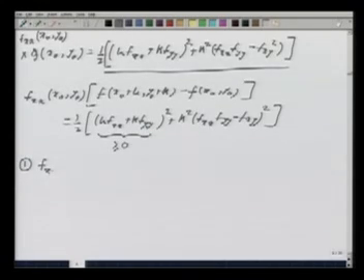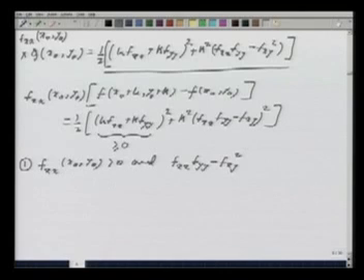Suppose fxx at x naught y naught is bigger than 0 and fxx fyy minus fxy square, sorry I don't have square here, and suppose this quantity is at x naught y naught strictly bigger than 0, then of course in a neighborhood of x naught y naught both the functions are bigger than 0.